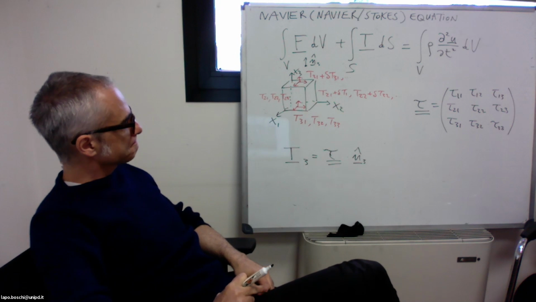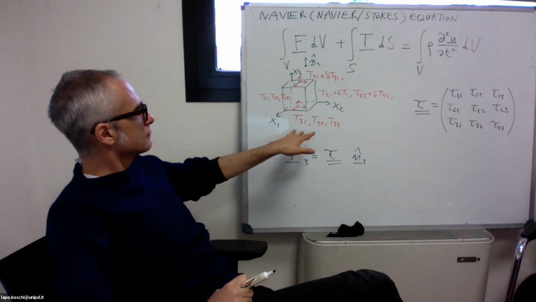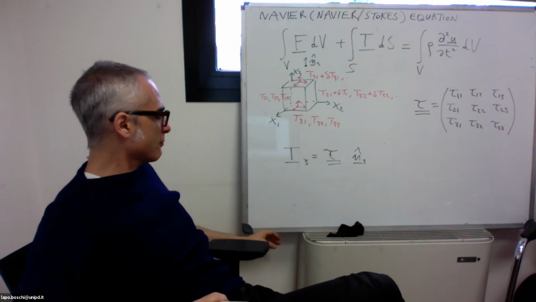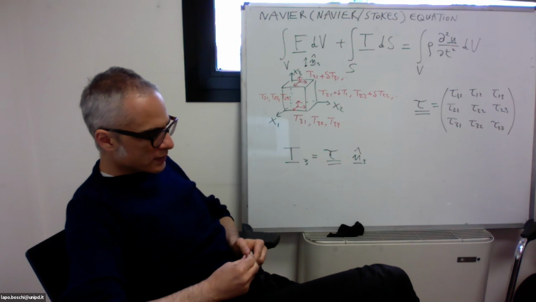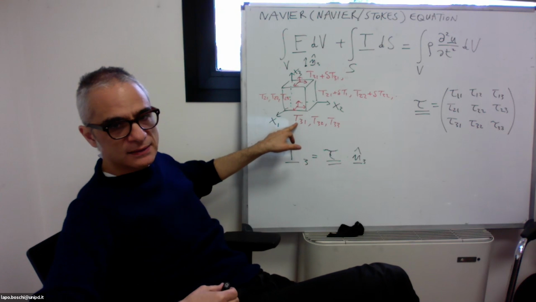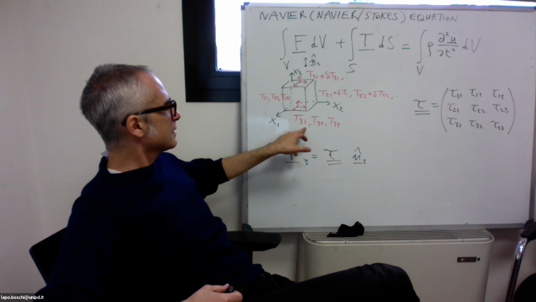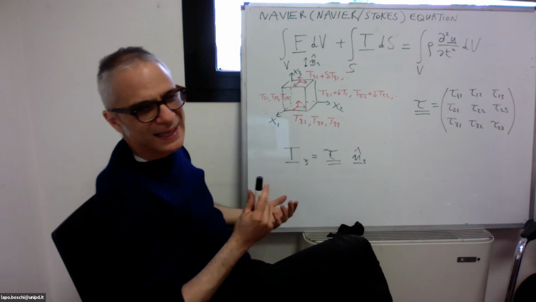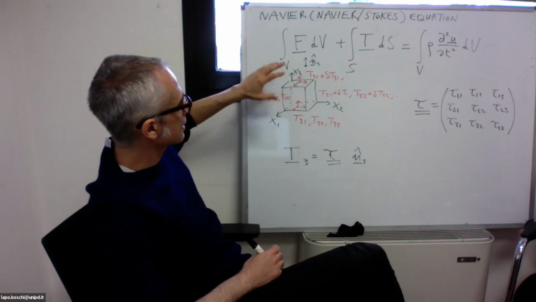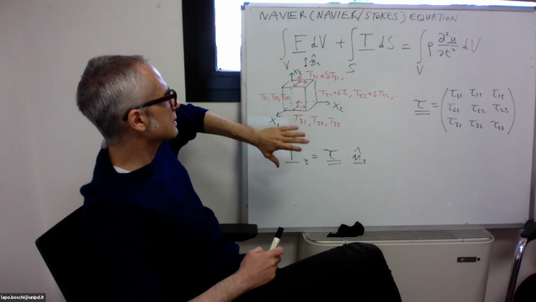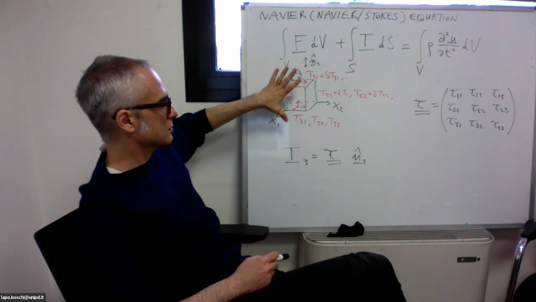Okay, I would like you to be careful with the difference between this capital T here and tau. Capital T makes sense only in this Cartesian geometry.